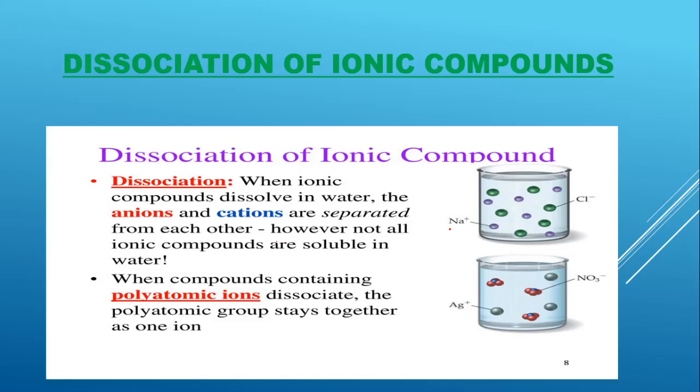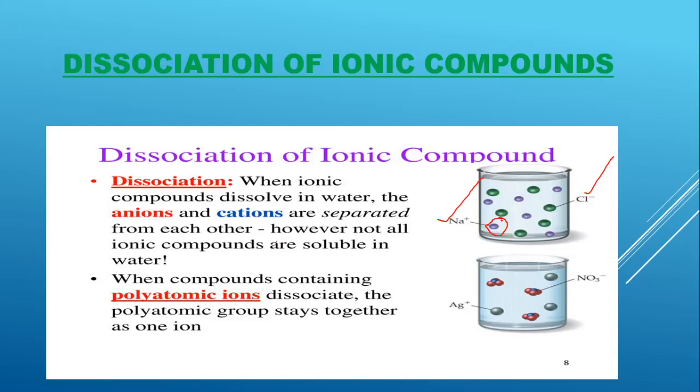Because the electrostatic force of attraction between the positively charged cation Na+ and the negatively charged anion Cl- gets reduced and they form ions. And what happens to them? They are individually surrounded by the water molecules. So in this way, the formation of ions takes place in an ionic compound.